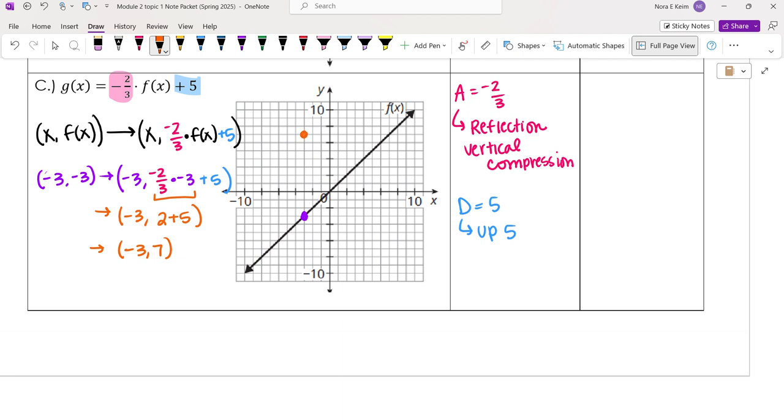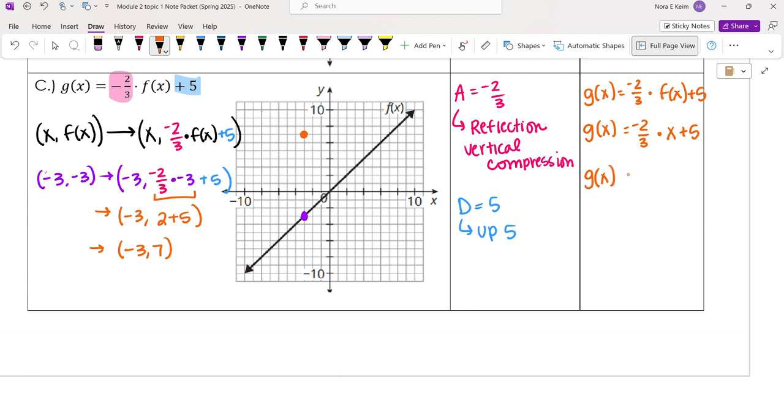Okay, so you can always go back to the algebraic way if you would like. Now, if you're just going to rewrite the equation and then graph the line using the y-intercept and the slope, here's how you would do it. So g of x equals negative 2/3 times f of x plus 5. Well, I know f of x, as we said, is equal to just x.